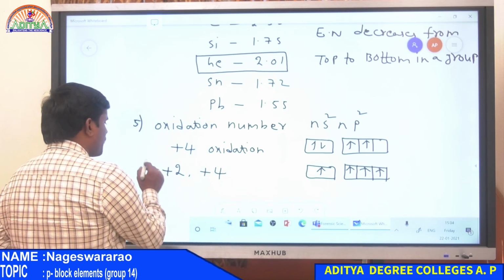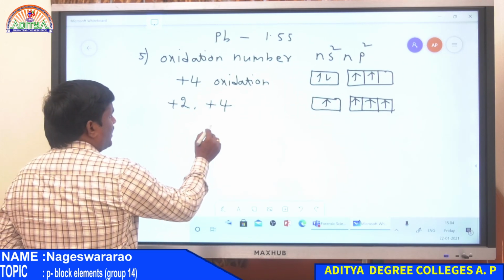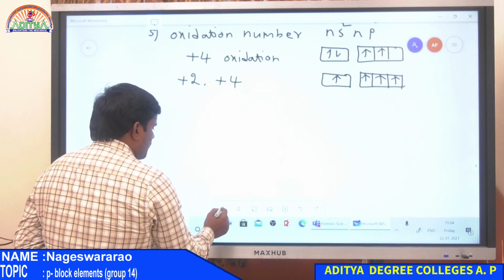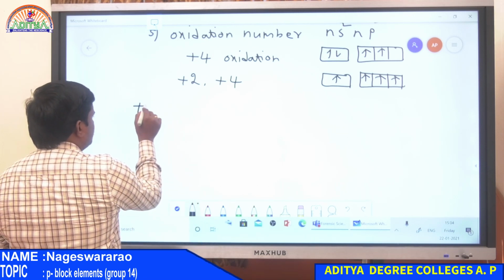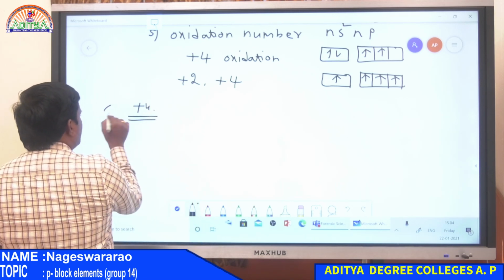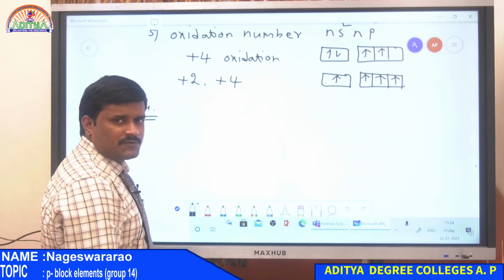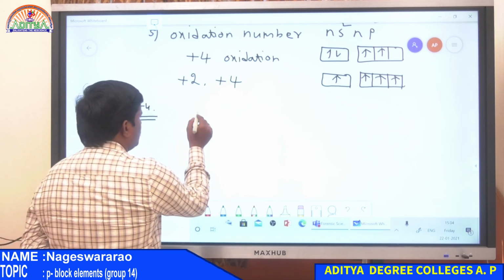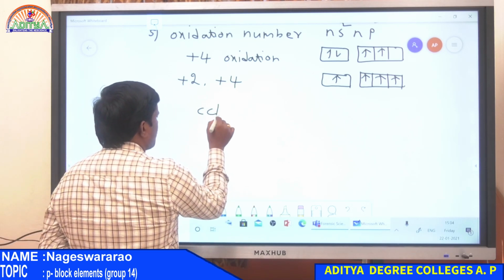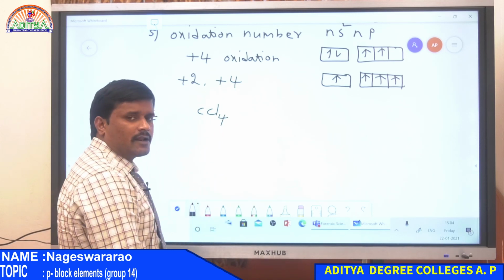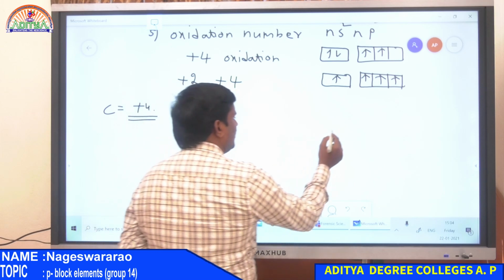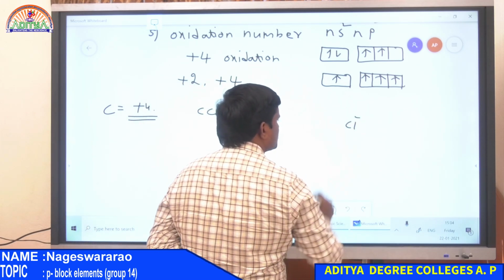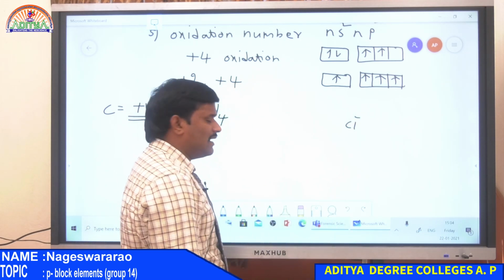Carbon always exhibits a +4 oxidation state. For example, CCl4, carbon tetrachloride. Here Cl is a halogen, always having -1 valency.